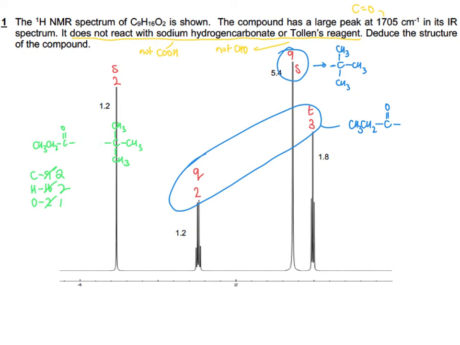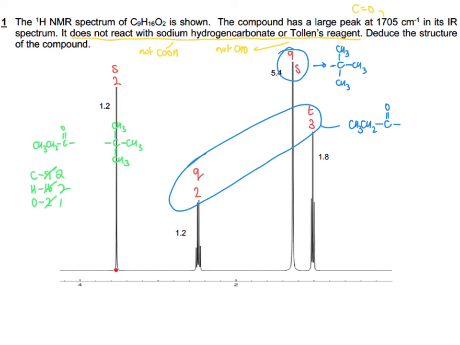Now, this isn't actually an AQA question, so we've just got to be mindful that I think this is, if anything, ever so slightly harder than the worst you could possibly get in an AQA exam. So it's sort of a worst case scenario. I think it helps us to look at the chemical shift. The chemical shift for an environment that's next to a carbonyl is 2.1 to 2.6.